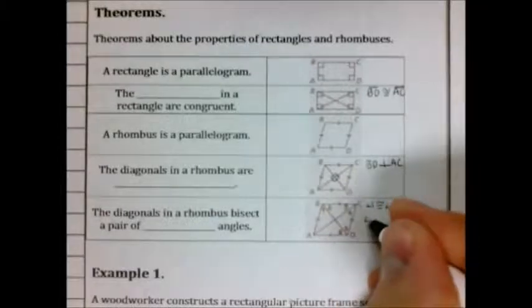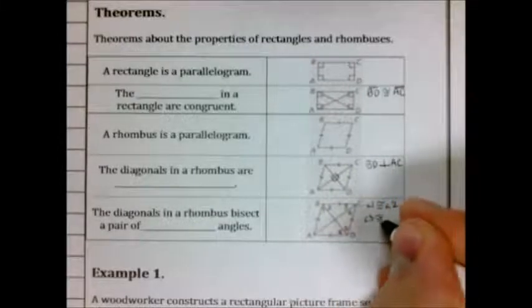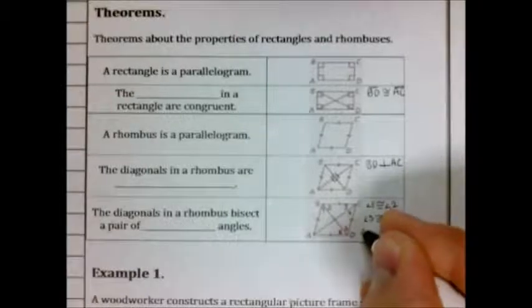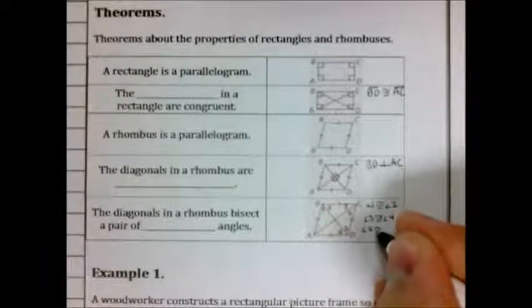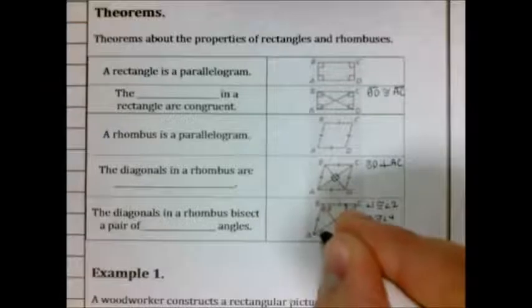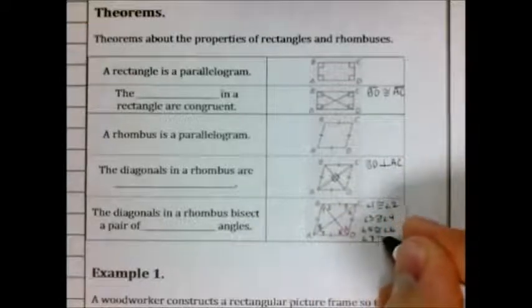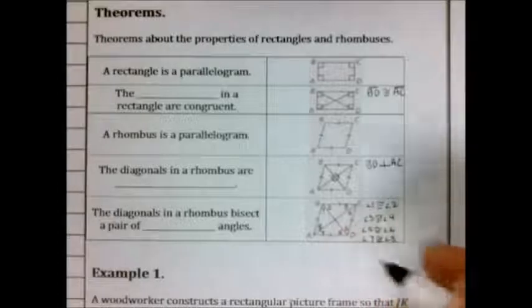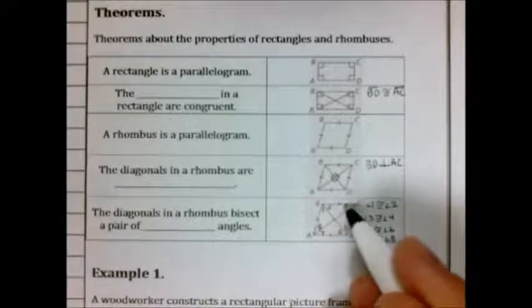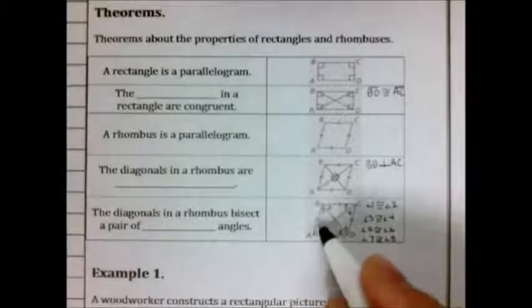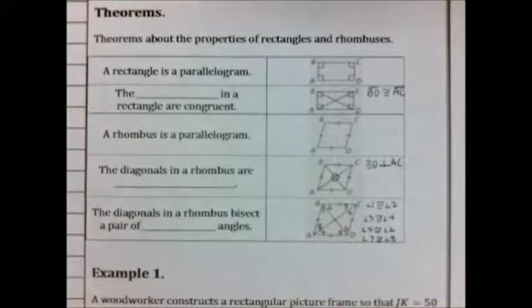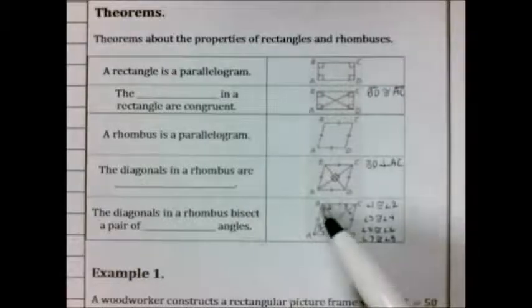Angle 3 is congruent to angle 4. Angle 5 is congruent to angle 6. Again, hard to see here. Angle 7 is congruent to angle 8. So all of these angles in a rhombus, they're opposite angles, are going to be bisected. That means that they're going to be congruent. So 1 and 2 are going to be congruent.